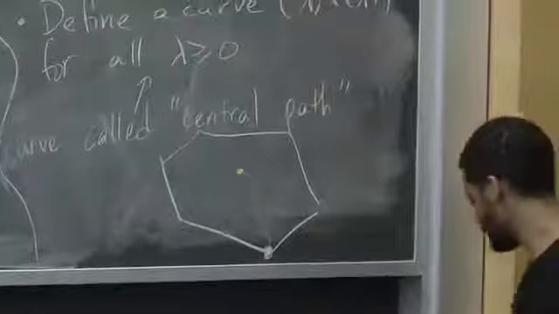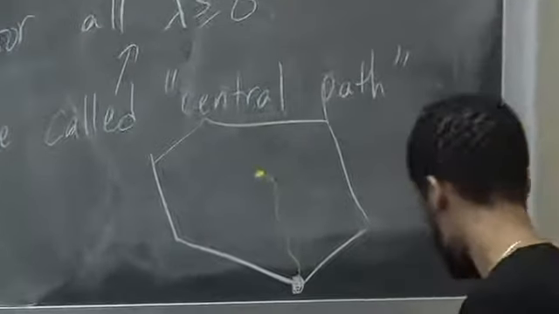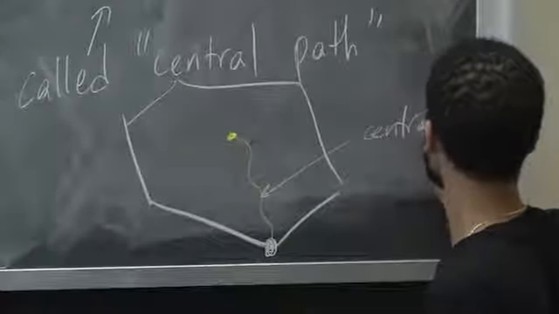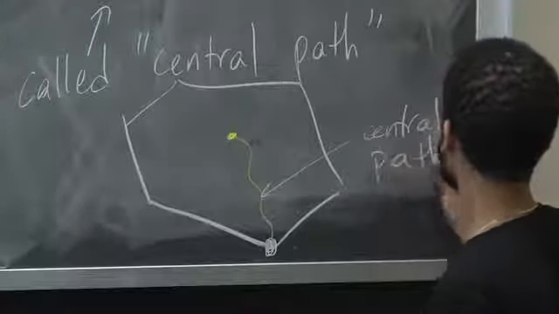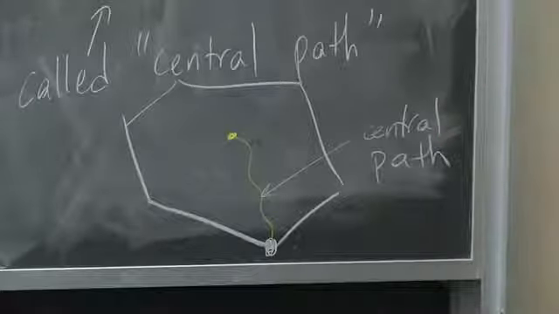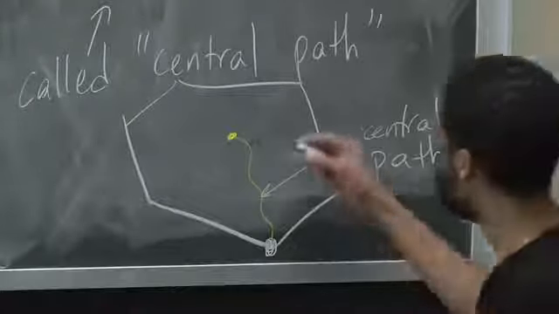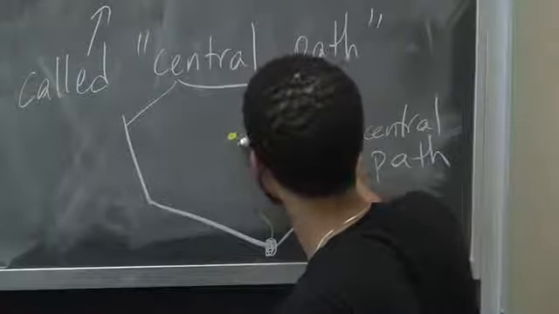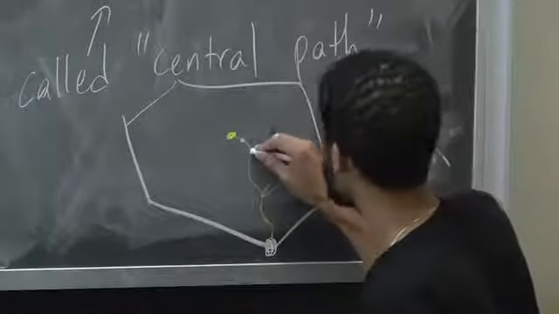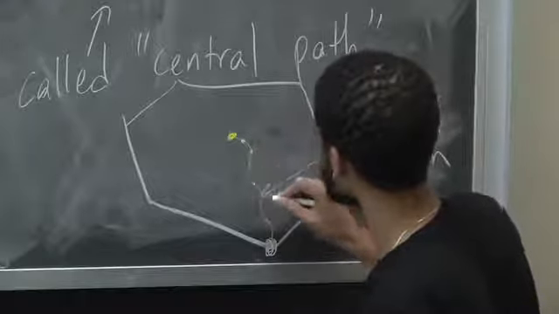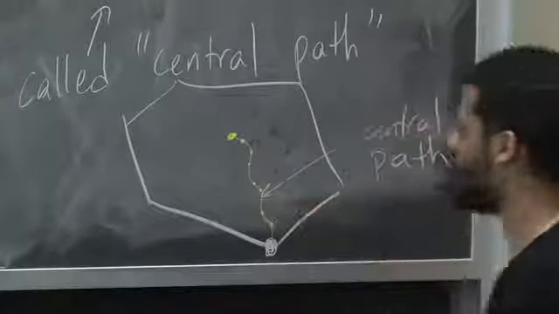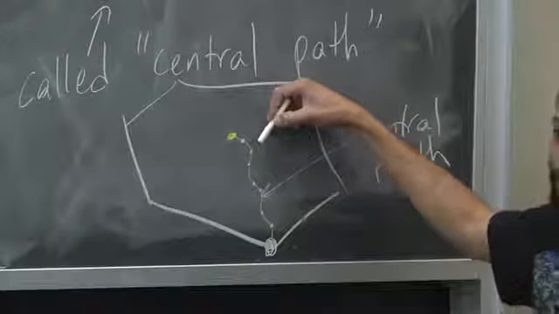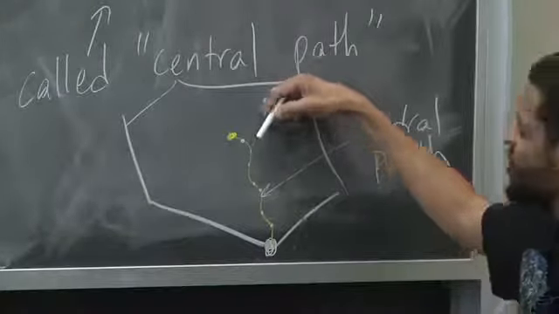This is the central path. Path following interior point starts, let's say this corresponds to lambda 0, then lambda 1, then lambda 2, etc. And all along the way, we are never actually exactly on this central path, but we always try to stay near it.